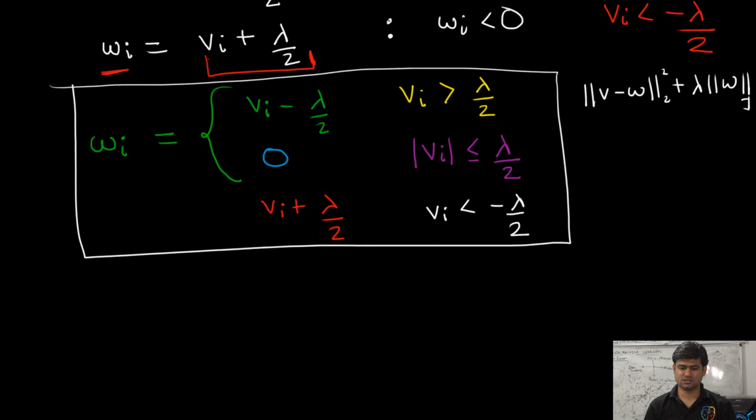So now we can write this solution more compactly. This would be for every Wi, so for i equal to 1 to n. And now we define a function which we call the soft threshold function, which we denote as soft of two values, x comma nu.